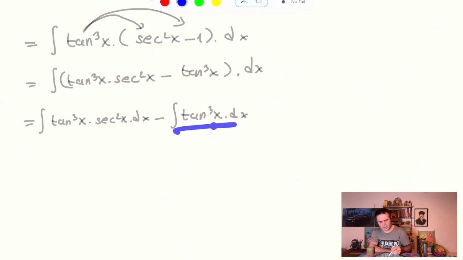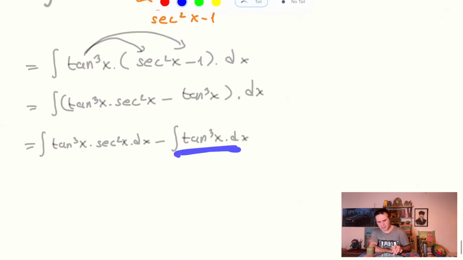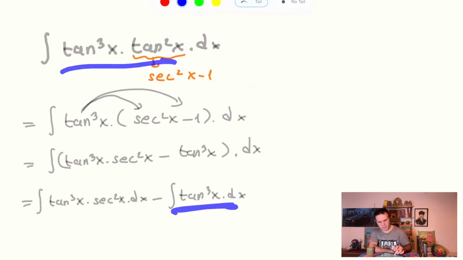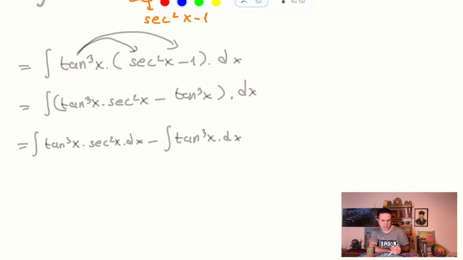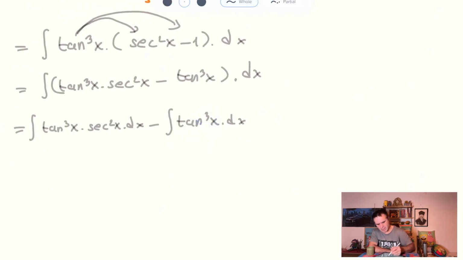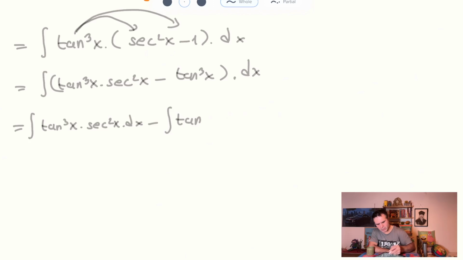And we will use the same method that we used here to reduce the power of tangent cube x. We will say that tangent cube x is equal to tangent x times tangent square of x. And now tangent square of x is secant square of x minus 1.